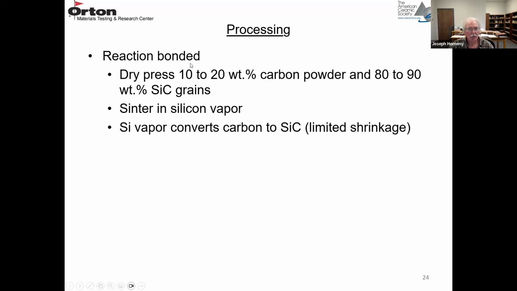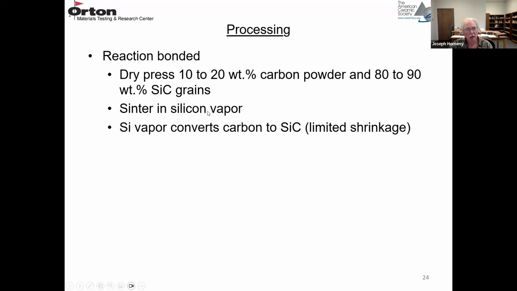There's also reaction bonded silicon carbide. Now you start out with 10 to 28% carbon powder, and then the balance, 80 to 90%, is the silicon carbide aggregates. So fine carbon, and then the silicon carbide grains. So then you sinter it, heat treat it at a higher temperature in a vapor of silicon.